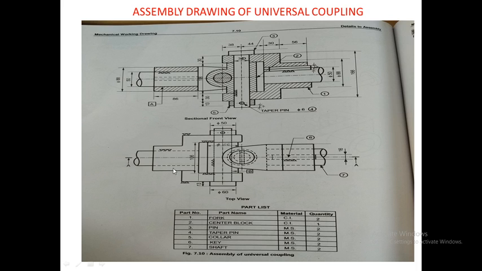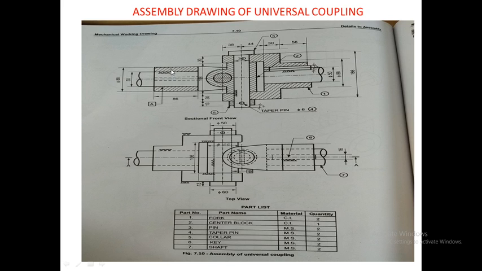Now you can see this in the top view, the top view of this vertical fork. This is my vertical fork, part number one. Here, this is the top view of the vertical fork, and this is my horizontal fork. This is the top view of the horizontal fork, and this is the front view of the horizontal fork.